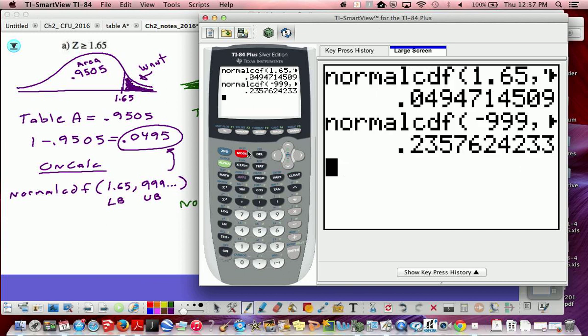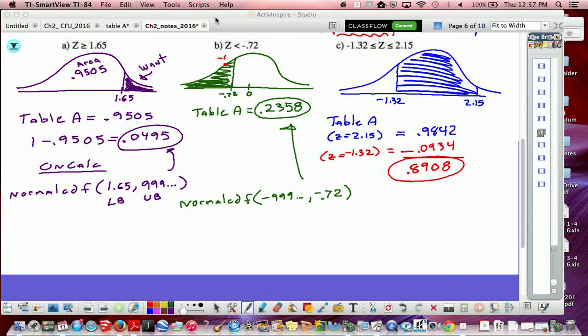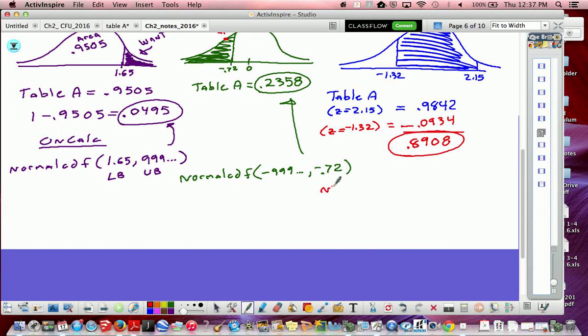Okay, alright, so we get again the same value. This is where it's really nice. On this last one on this page, you just go normal CDF. Lower bound was negative 1.32. Upper bound was 2.15.